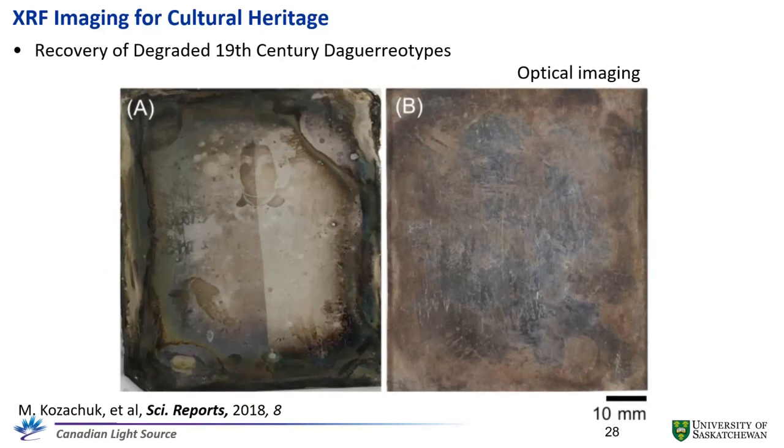Here is one example using so-called XRF imaging for cultural heritage research. These are photographs that are maybe 1.5 centuries old. You pretty much couldn't see much from this photograph.